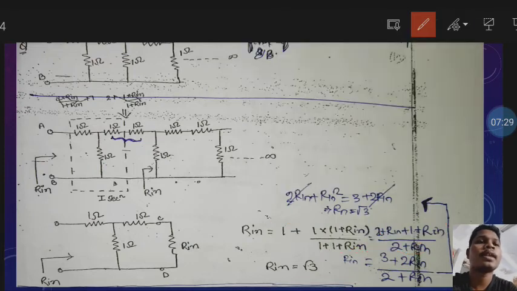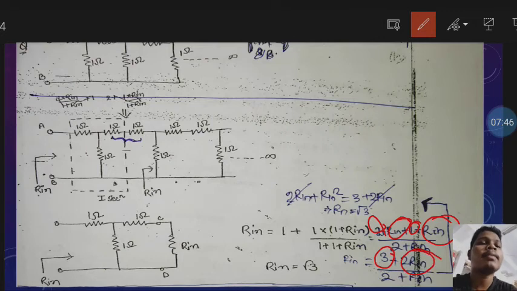Okay, let me erase. Now see here, 2 and 1 both are added, then you will get 3, and here R_in and another R_in are added, then you will get 2 R_in, divided by the same thing at the denominator.